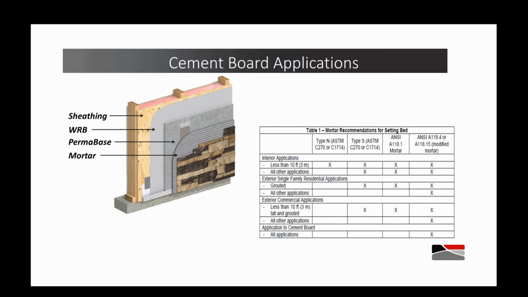That situation's changed now, and provided that the cement board meets ASTM C1325, and for exterior applications, provided that the joints of the board are taped, it is now permissible to go directly onto a cement board, provided you use a polymer modified mortar.